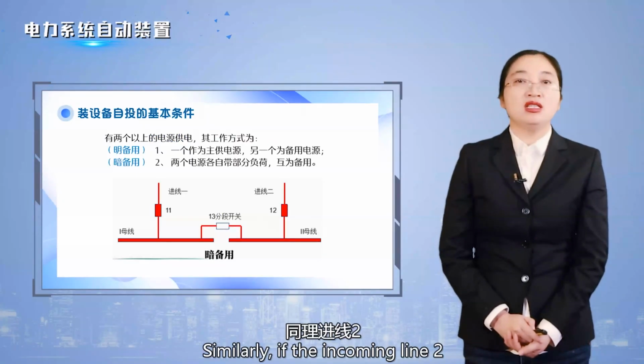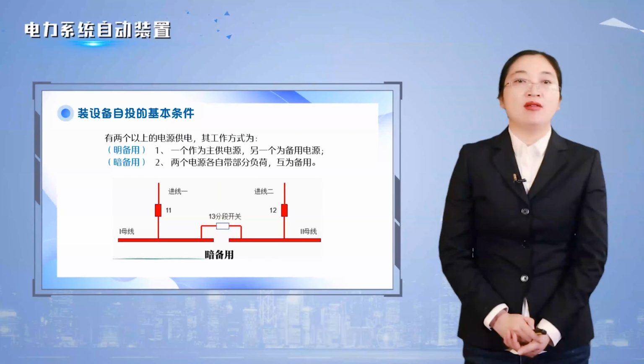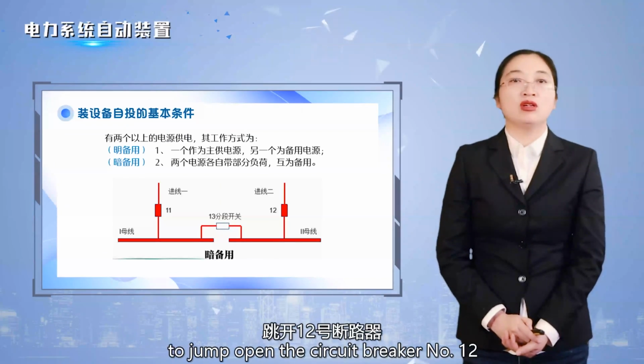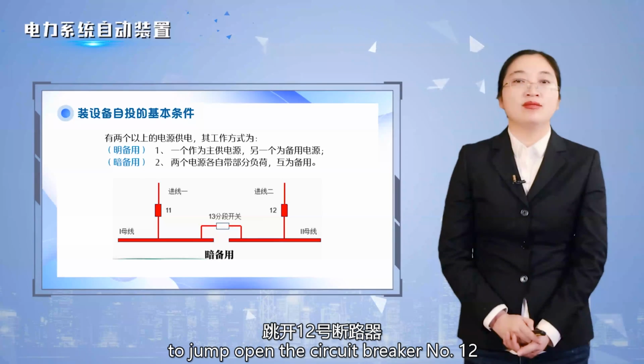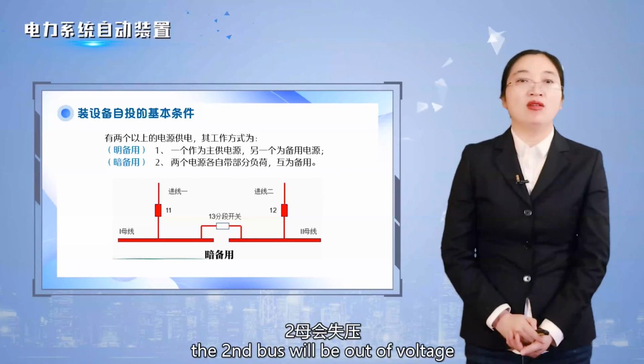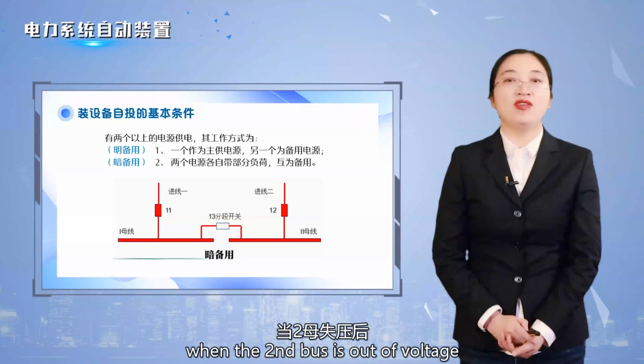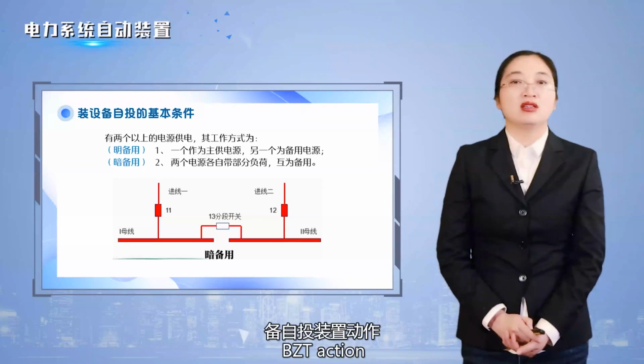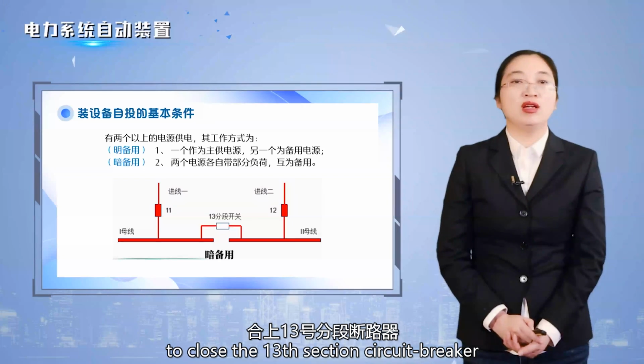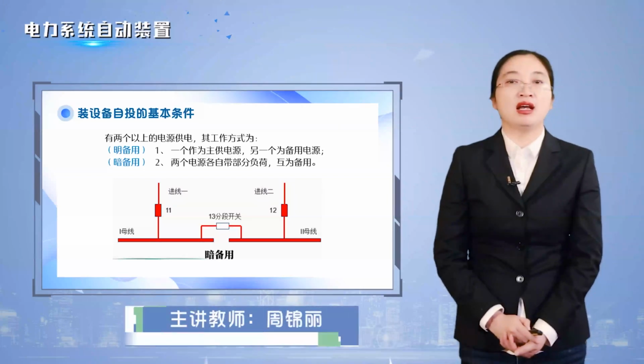Similarly, if the incoming line 2 faults, the protective device acts to open circuit breaker number 12. The second bus will be out of voltage. When the second bus is out of voltage, BZT acts to close the section circuit breaker number 13.